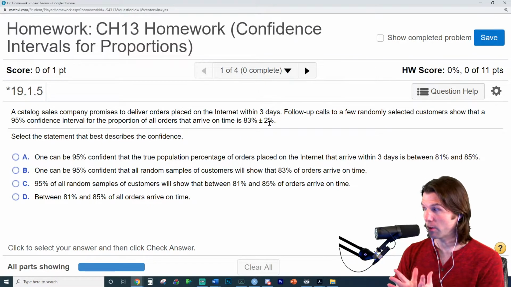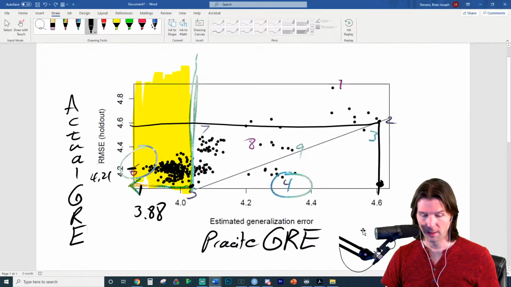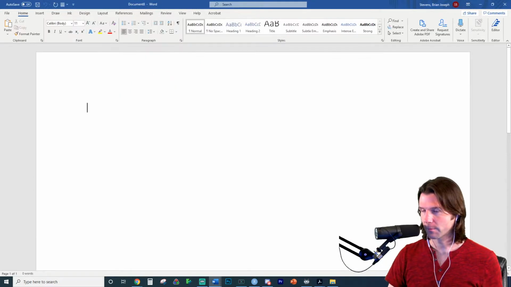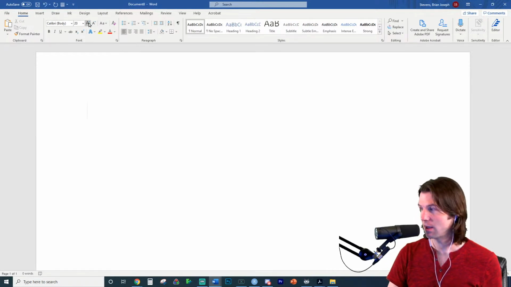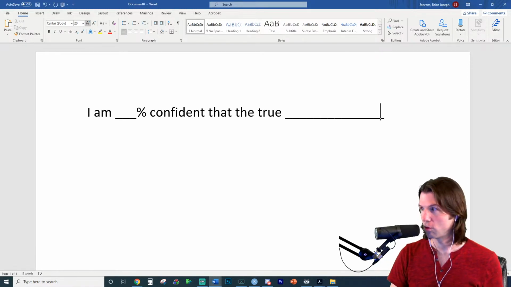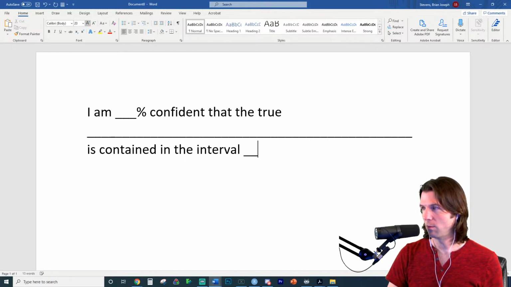It's important we know the interpretation. So we can say, I am blank percent confident that the true blank is contained in the interval blank to blank.